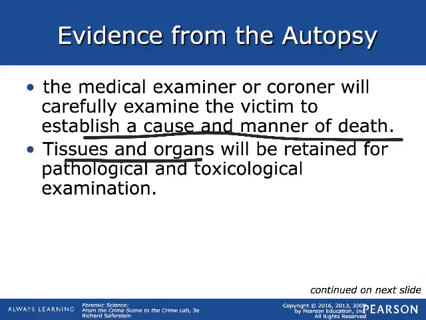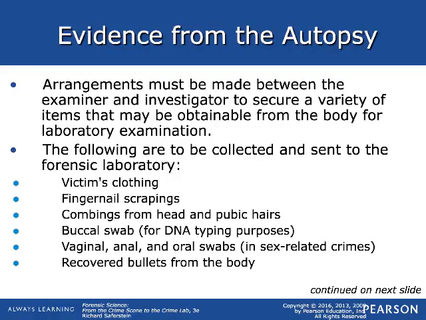They're going to take sections of them and preserve them so that they can be examined to see the pathology, so what actually went wrong that caused them to fail, or if there were drugs or other toxins involved that could kill someone. The medical examiner or the coroner is going to work with the investigator to determine what items need to be obtained from the body and sent to the lab for examination.